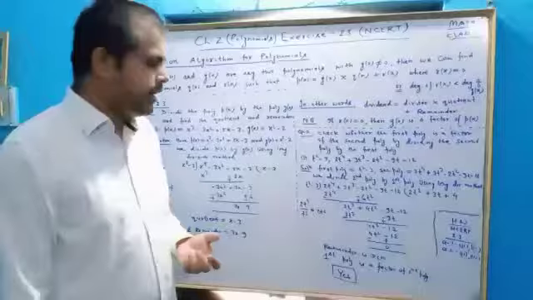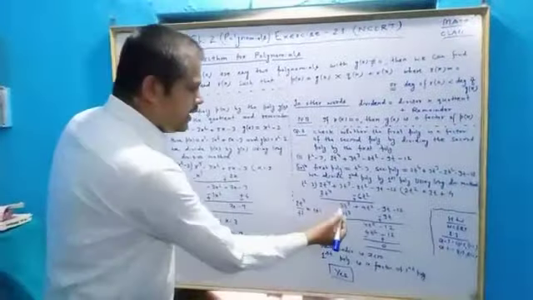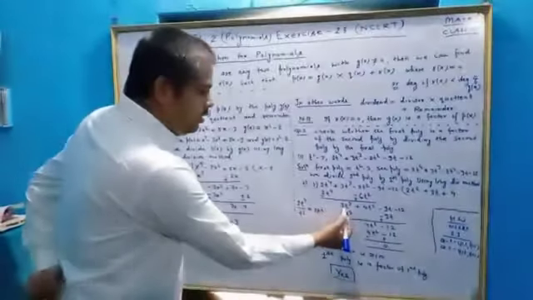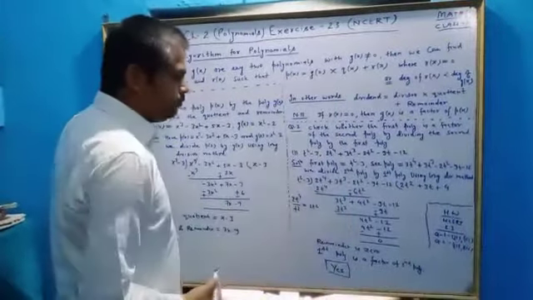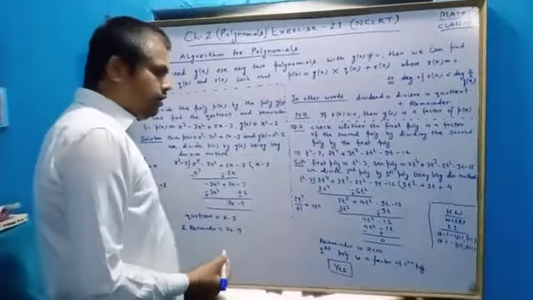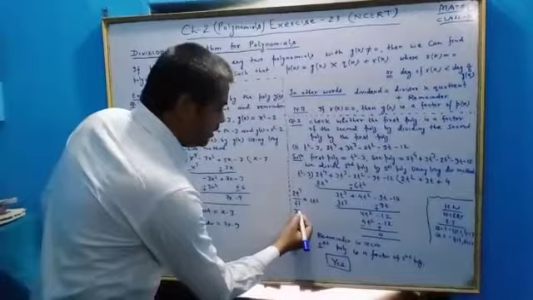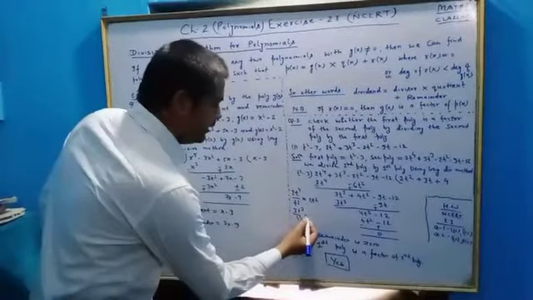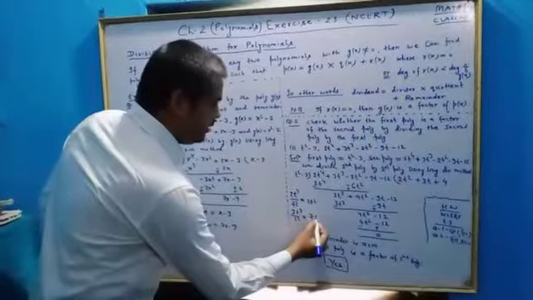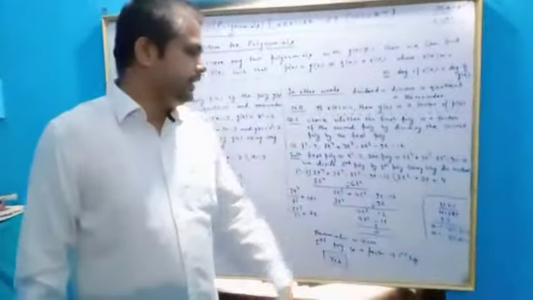Now also we see that the dividend is here in the decreasing power of degree. So again we start the division process. Here the first term of the dividend is 3t to the power 3. We divide it by t square. Then what do we get? 3t to the power 3 divided by t square gives 3t. So the second term of the quotient is 3t.